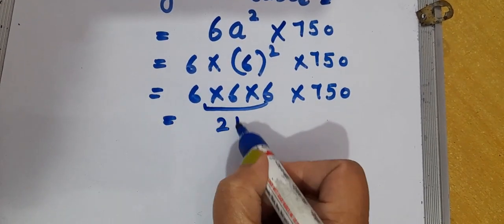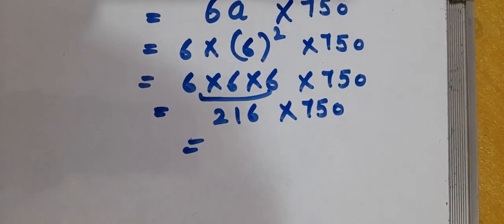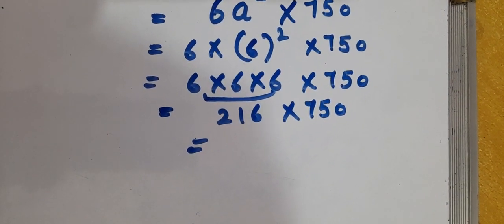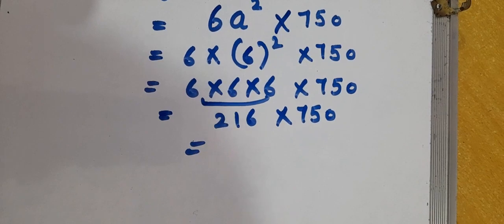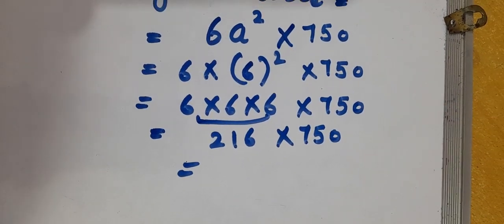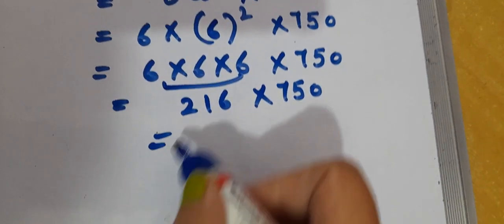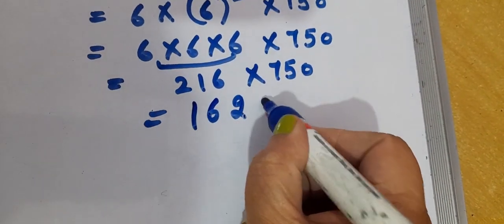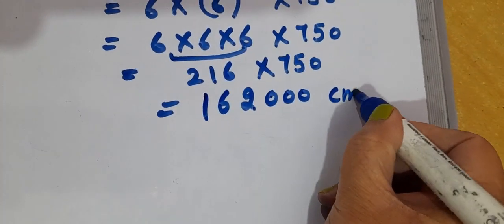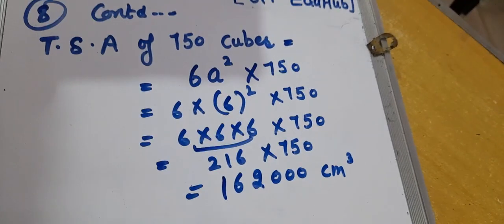This will be 216 into 750. So you get 162,000 centimeter square. This is the surface area of all the 750 cubes.